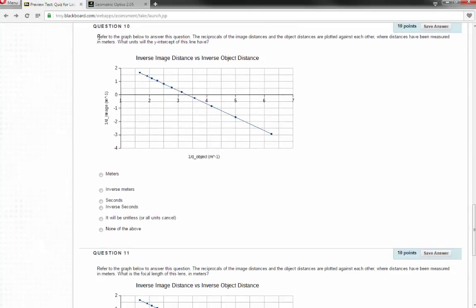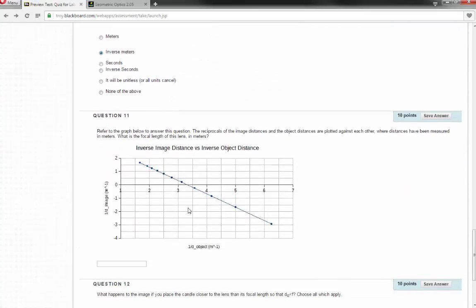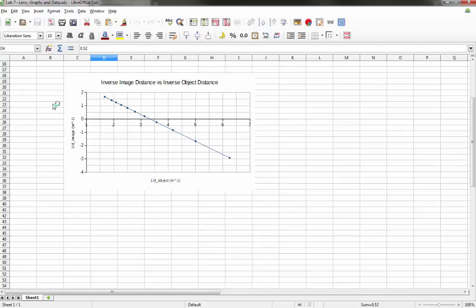This one now, number 10, is asking what are the units of the y-intercept? Well, the y-intercept is basically going to be up here somewhere. It's some number that's on this line. This line is in inverse meters, so we choose inverse meters. And again, you can see that if you come down to the graph that I've made.